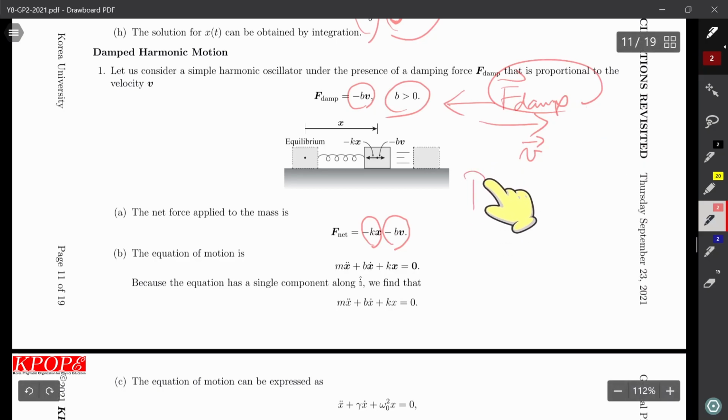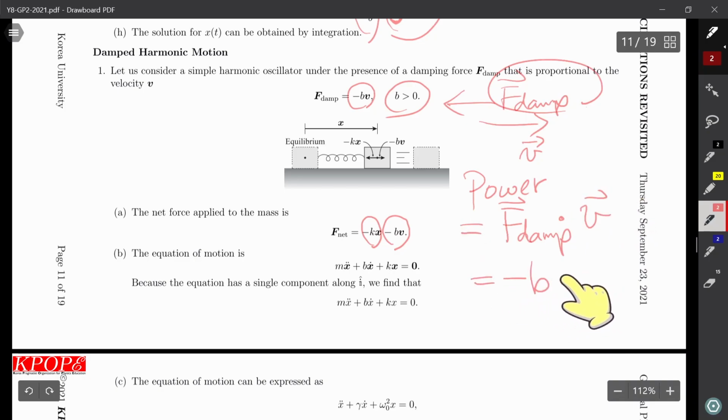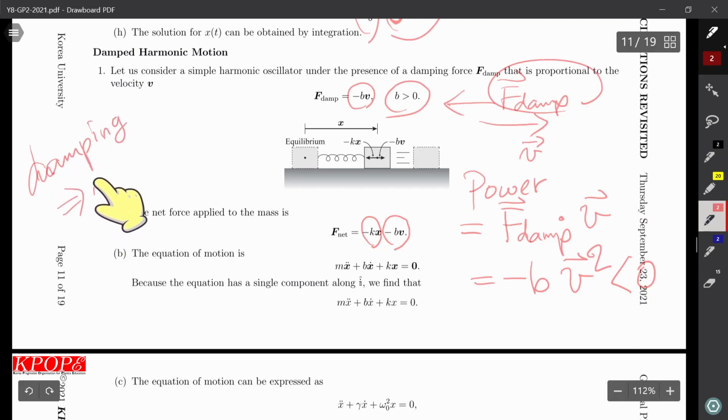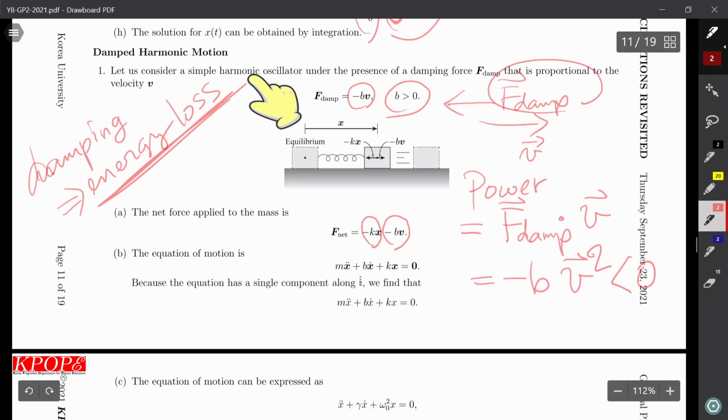So the power of the damping force, F damp dot velocity, is minus b v vector squared. So this is negative definite. So the damping force gives rise to energy loss.